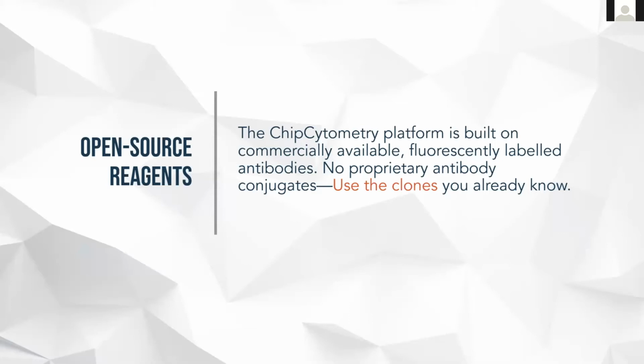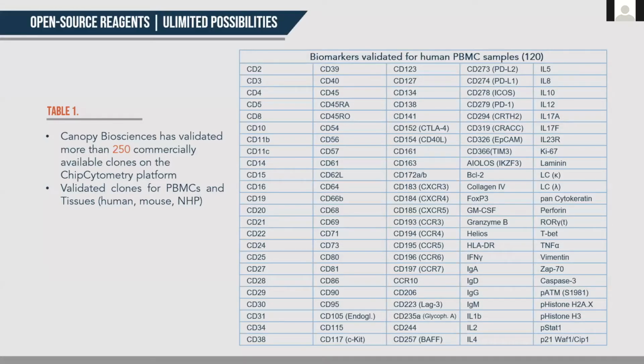One thing that's quite unique about ChipCytometry compared to some of the other image-based or multiplex proteomics platforms that are out there is that we don't use any proprietary antibody conjugations. We use just regular commercially available primary antibodies conjugated to fluorescent dyes. And this is really nice in that you aren't limited to whatever a particular manufacturer has commercially available.